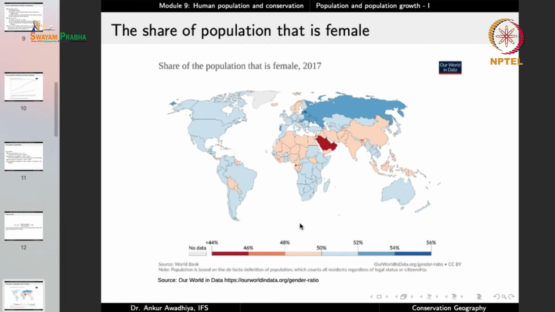Whereas in a large portion of the world, we will find that the number is close to 50%, which is what should be. In certain cases, especially Eastern Europe, we find that a large number of males have been moving out in search of better opportunities, and in those cases, the sex ratio increases to more than 1000, or we find that the share of the population that is female is much greater than 50%.